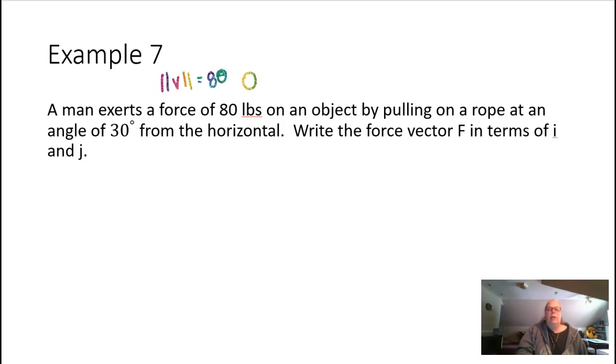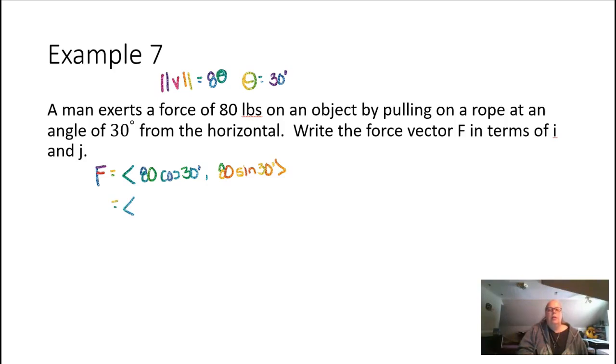And we know that our angle is going to be 30 degrees. So our force vector should be 80 times the cosine of 30 degrees, comma, 80 times the sine of 30 degrees.